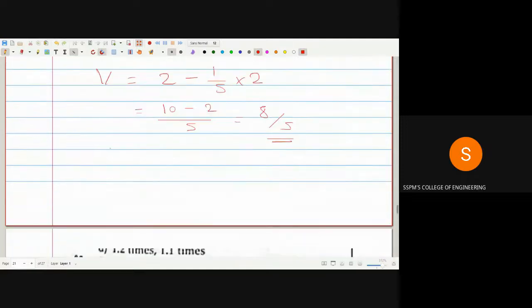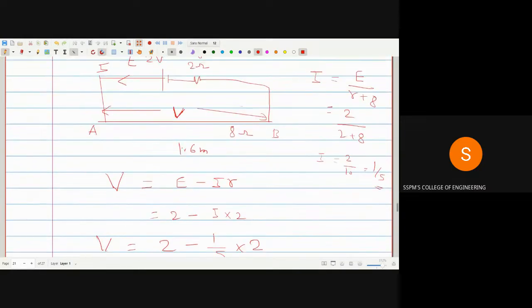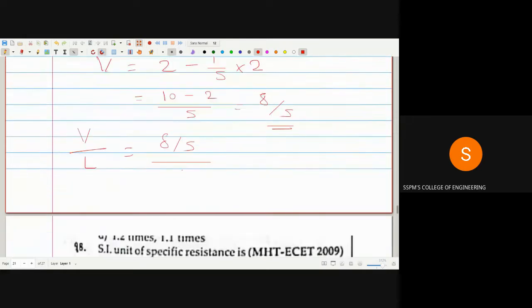Now you have to find the potential gradient, V by L. V by L is 8 divided by 5, and the length of the wire is given as 1.6 meter. It will be 8 divided by 1.6 into 5.